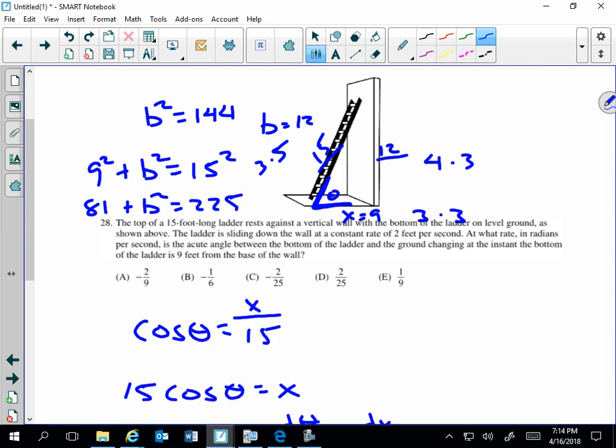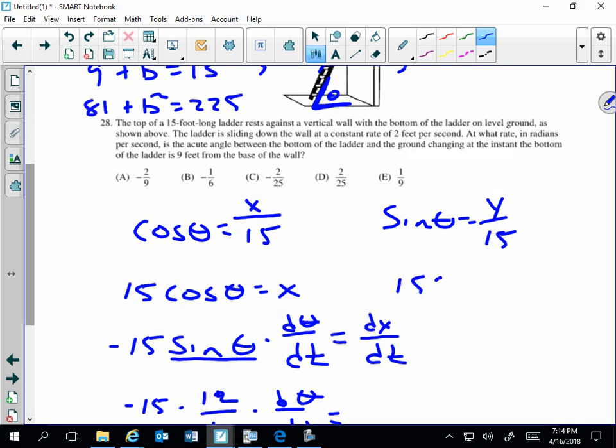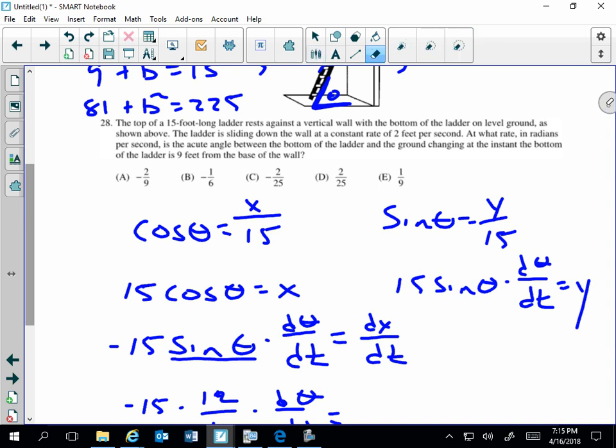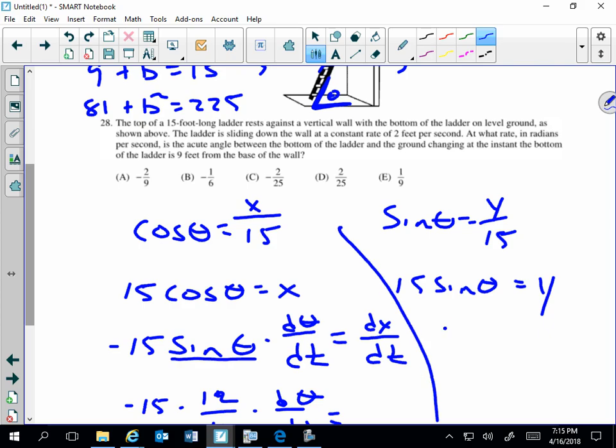Can we change this really quick and call this y? Sorry, it is really late. So I'm going to change this to sine of theta equals y over 15. Using the same logic, I take the derivative: 15 cosine theta times d theta dt equals dy dt.